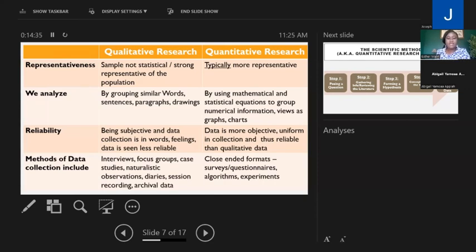And therefore, data or responses are usually seen as relatively more objective and uniform. And so quantitative research responses are typically seen as more reliable than qualitative responses, because qualitative responses are relatively more subjective and there's a lot more wiggle room, right? So there's a lot more information that comes in, right?